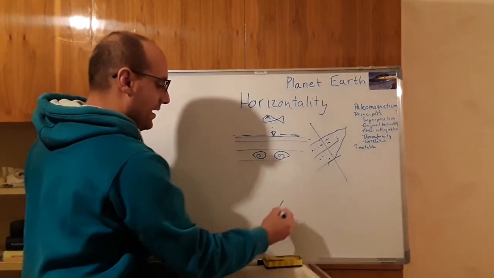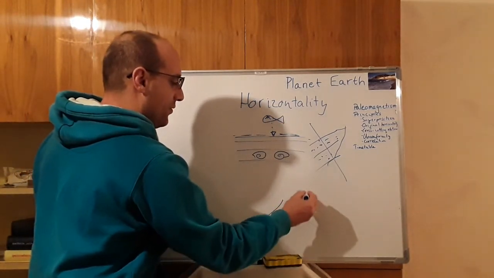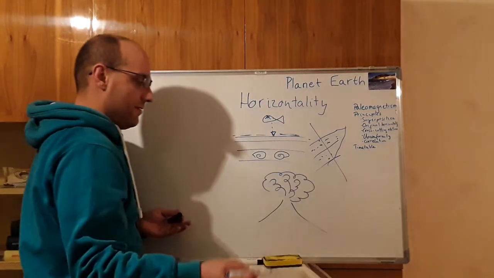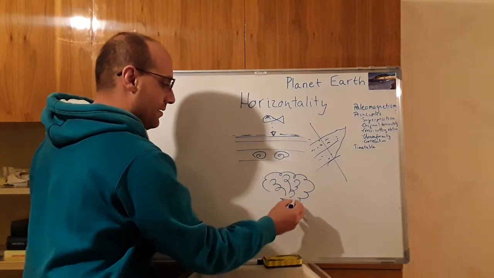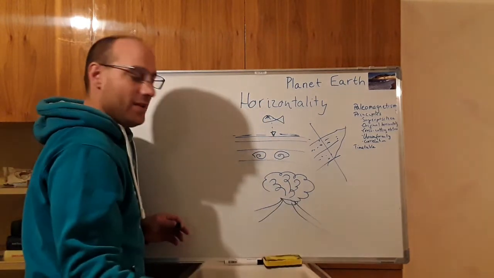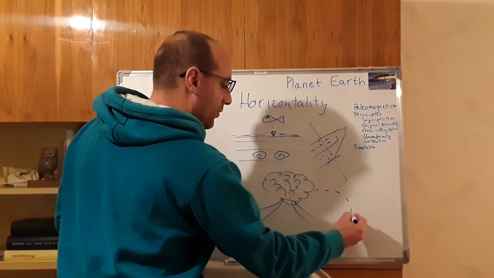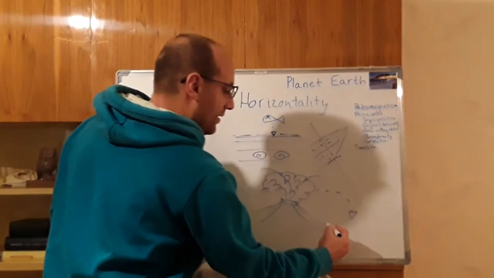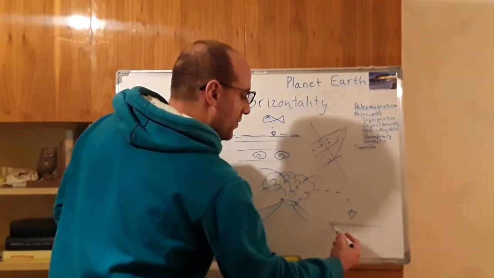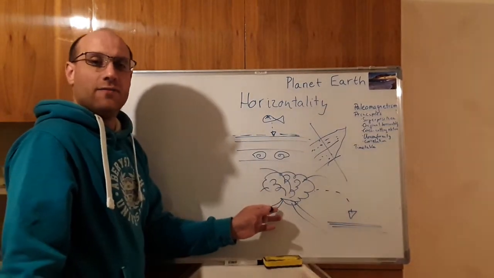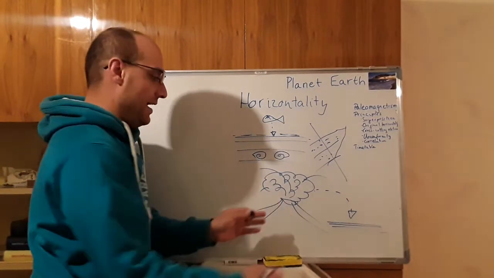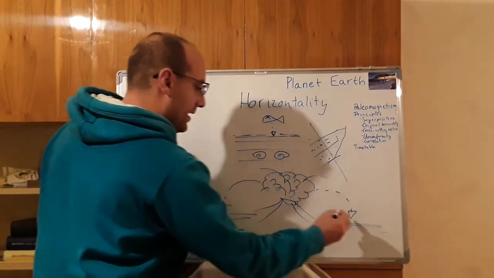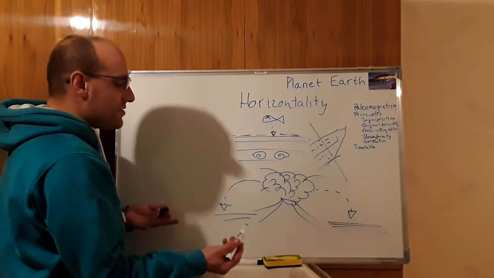Or if we think again of a volcano and how a volcano will erupt, here we can just draw this ash cloud. Now the ash material, this powder, will build up layers maybe hundreds of kilometers away from the actual eruption of the volcano. And this layer, again, will be horizontal.